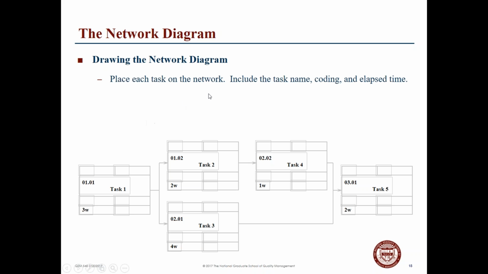So you place each task on the network, include the task name, the coding, and the elapsed time. So for example, this is 3 weeks, 2 weeks, 1 week, 2 weeks, and so forth. Determine and draw the task dependencies.